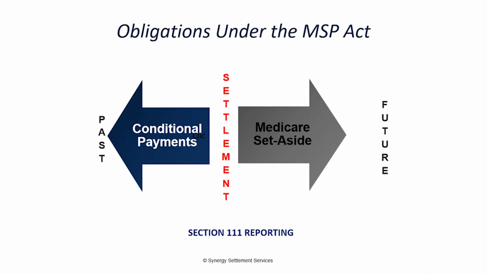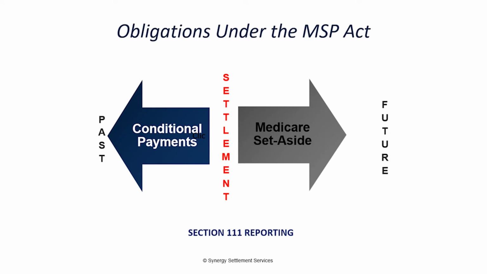So there are essentially three different components to Medicare secondary payer compliance and what your obligations are. So the first obligation involves the need to address Medicare's payments for pre-settlement injury-related treatment, which are conditional payments. Medicare is going to know that there has been an accident in a settlement because of the mandatory insurer reporting obligation under Section 111.